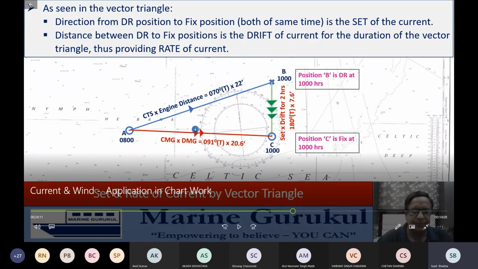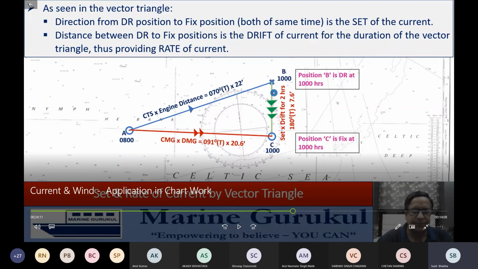So these 4 items will be provided to you: course made good, distance made good, CTS, and engine speed or engine distance. With these 4, you will be able to find out the DR, that is at position Bravo, and the fix, which is at position Charlie. Once these 2 are known, we know that the current vector is basically from the DR towards the fix.